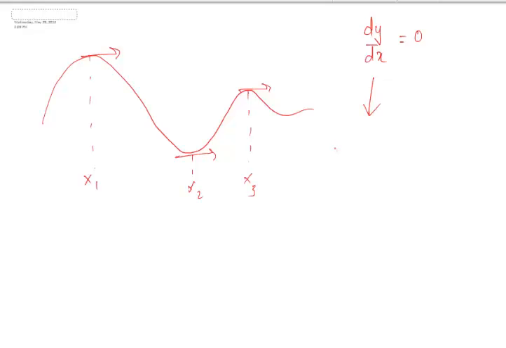In order to do that, we must clearly make a distinction between maxima and minima. For example, there is a maxima at x1 and there is a minima at x2. So we have to look for the difference between x1 and x2. What happens to the curve at x1 and what happens to the curve at x2 in a mathematical sense.